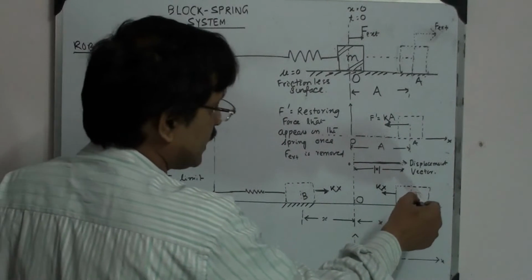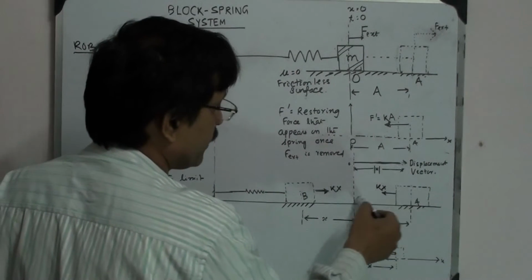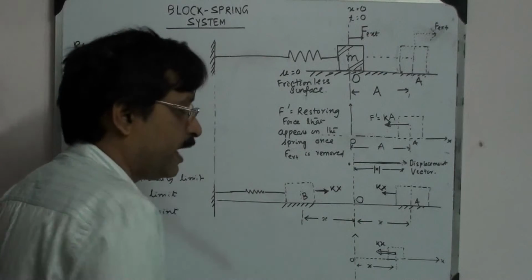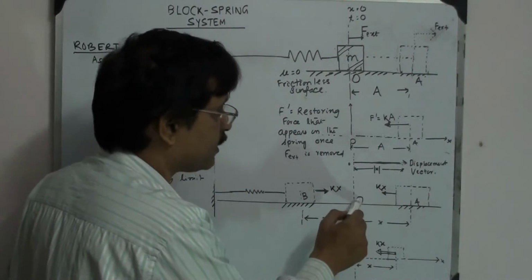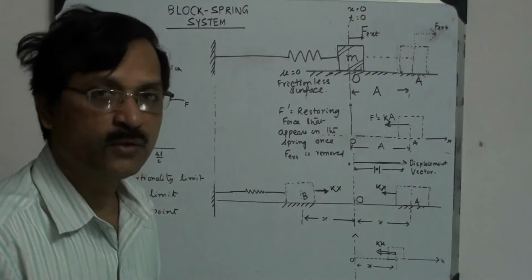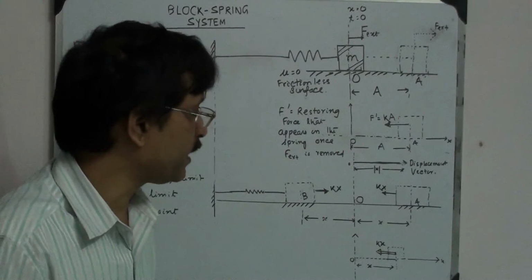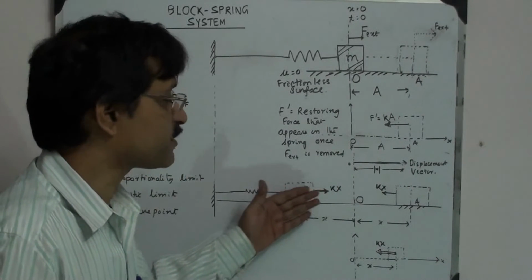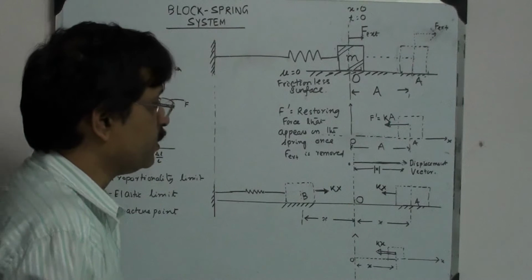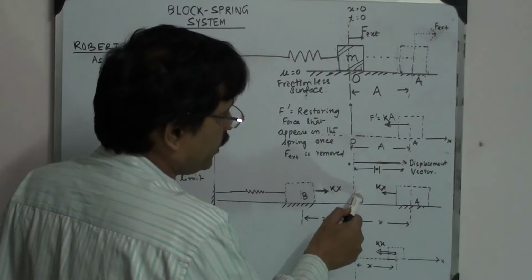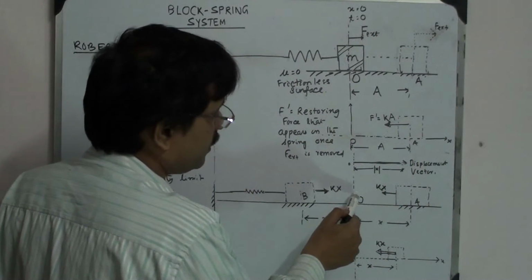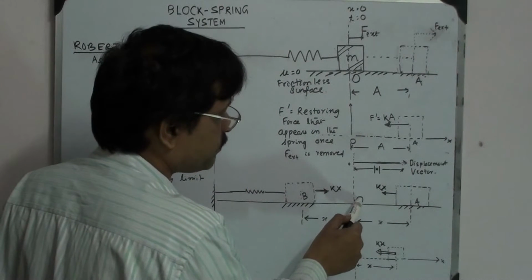So the body has gained some kinetic energy, it has a velocity at the point O, and remember, when there is no force acting on the body but there is a velocity, Newton's laws of motion come into play. The body continues to move in a straight line. So as the body comes to O, it has a velocity in this direction and no force acting on it, because the displacement is now 0.